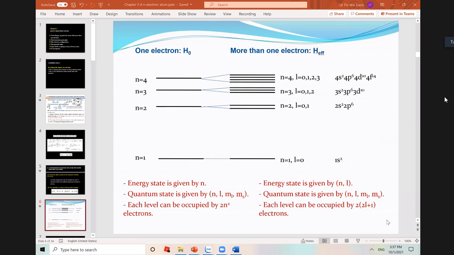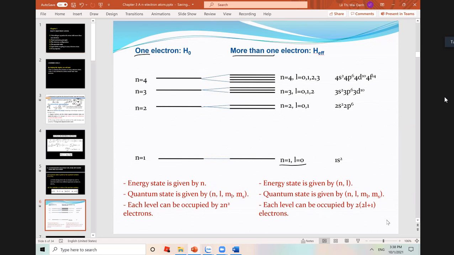Yes. You can see the system with one electron here and the system with more than one electron here. With n equal to 1, it determines one energy state, and n equal to 2 similar, n equal to 3 similar. However, in more than one electron, if n equal to 1, you only have one value of l, so you have the only energy level.